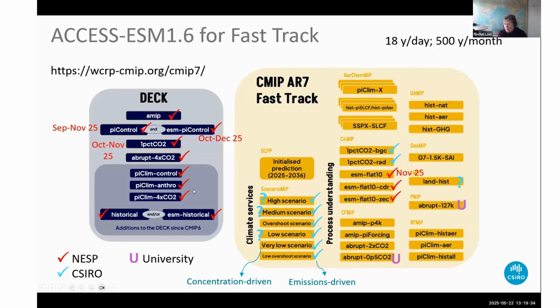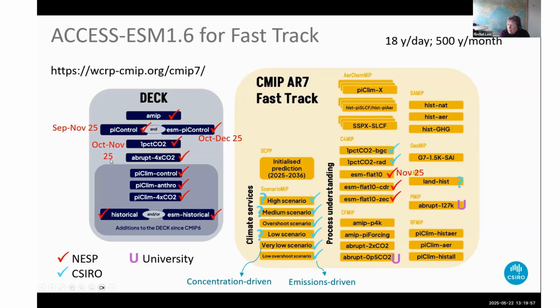The ones with ticks are the ones that we're committed to doing, either through our NEST project or hopefully with CSIRO funding, and there are some that we're hoping some of the university people will pick up and help with. I think certainly the PMIP one, there's been some willingness to take that one on.